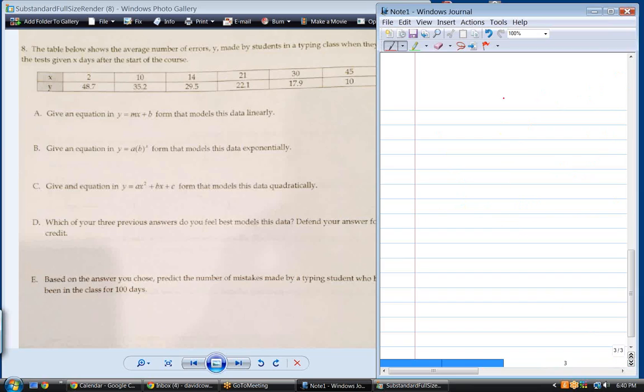In other words, it doesn't grow exponentially. It decreases exponentially, like that. Or I really should draw it like this, I guess. In other words, your mistakes go down as the practice time increases.